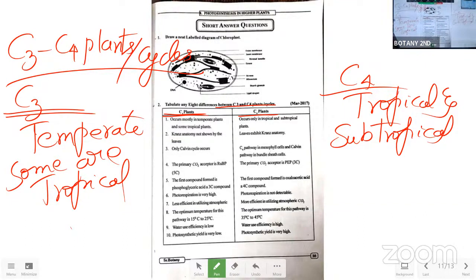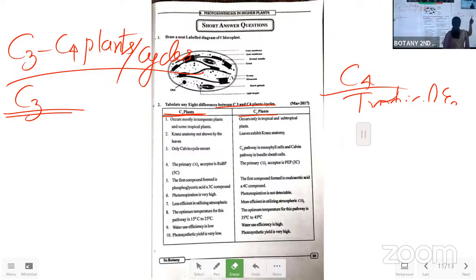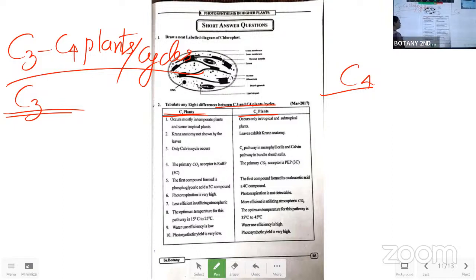Next one, we will go along with the stepwise differences so that it will be easy for us to know. When we say tropical and subtropical, otherwise temperate plants, what could be the temperature these plants tolerate? That's the next topic. The C3 plants, the optimum temperature at which the cycle needs to occur, the plants can sustain between 15 to 25 degrees centigrade.